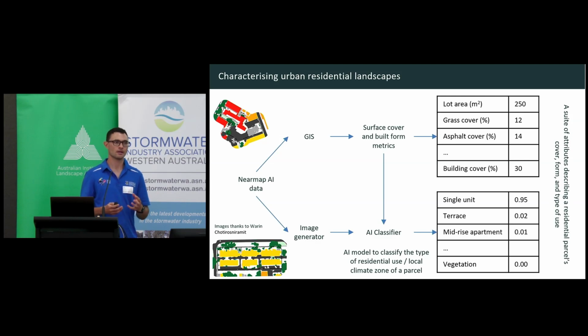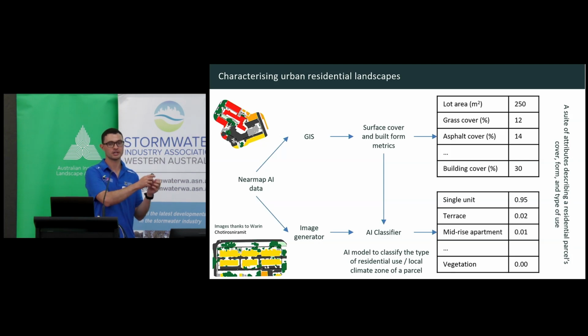The types of residential use that we're considering are largely drawn from the CRC for Water Sensitive Cities infill typology, but it includes things like a single detached house, multiple units on a lot, terraces, townhouses, apartments, and then other types of uses of parcels as well, and an indication of what that might look like there.